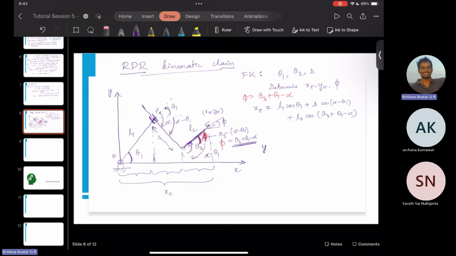Okay. Now for YE, likewise, we'll have this vertical projection distance.